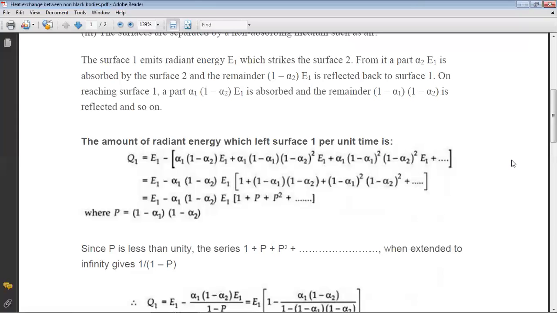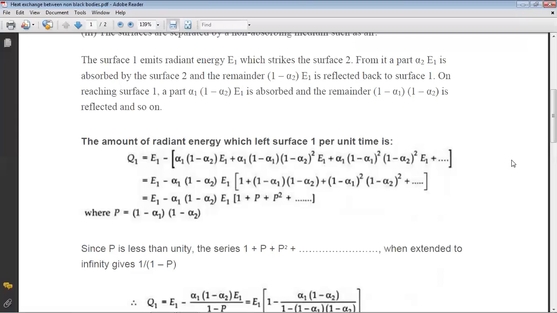Or if it is of this form, 1 minus x plus x squared minus x cubed plus x to the power 4, so on, it is an expansion of 1 plus x whole to the power minus 1, or 1 divided by 1 plus x. If you have 1 minus 2x plus 3x squared minus 4x cubed plus so on, it is an expansion of 1 divided by 1 plus x whole square, or 1 plus x whole to the power minus 2.